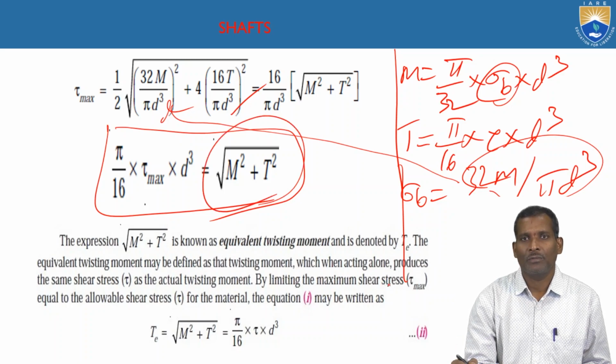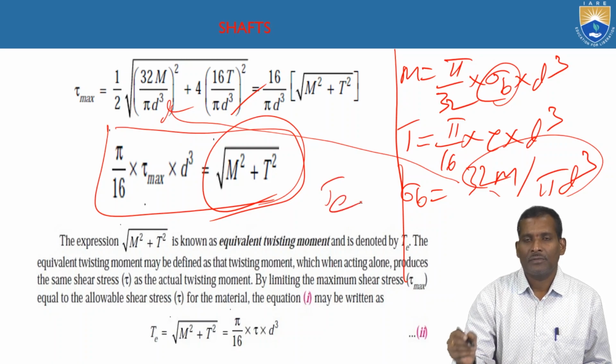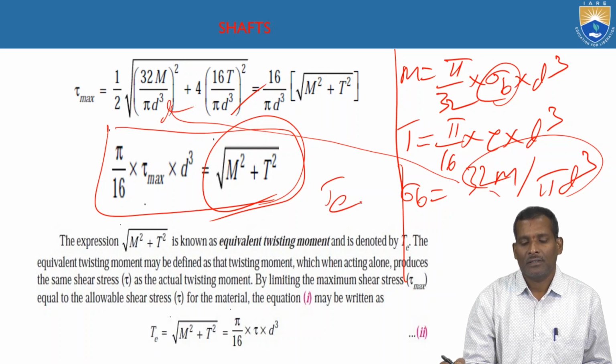Square root of bending moment square plus twisting moment square. It is denoted by T suffix E, the equivalent torque. The equivalent twisting moment may be defined as that twisting moment which, when acting alone, produces the same stress as the actual twisting moment.